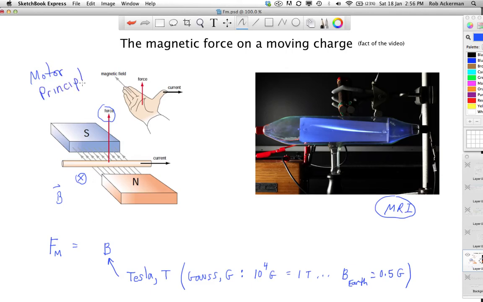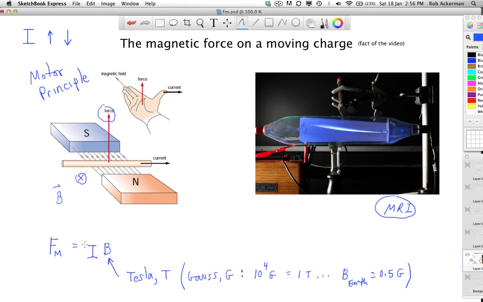And what you would have seen me do in the demo is take the current, symbol I, and increase it and decrease it. You would have noticed that as I increase the current, I get more force, and as I decrease the current, I get less force. So you would expect there to be the letter I in here.